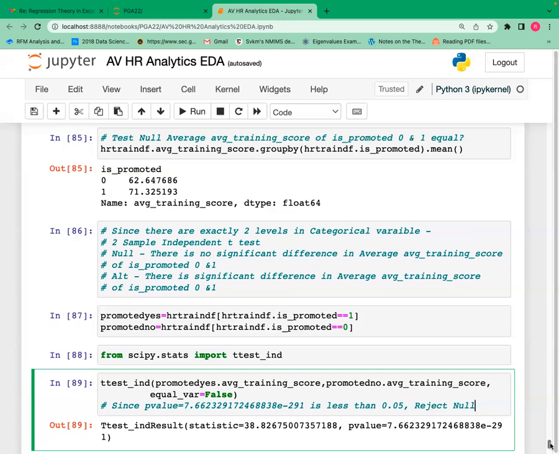Unless specified otherwise, treat 0 as no and 1 as yes. That is the standard in data science.